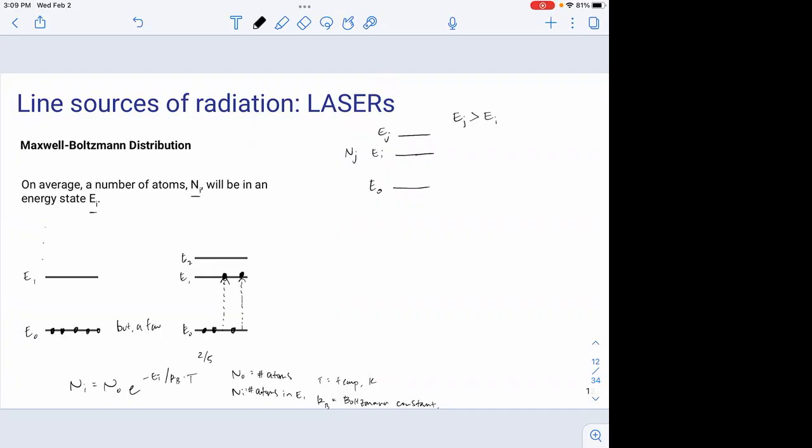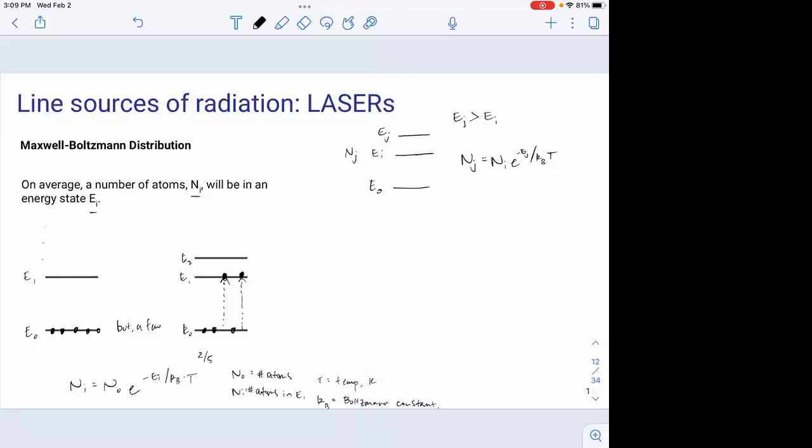In this case, we can relate the number of atoms or molecules in E sub j by considering the relative number that were in n sub I, or sorry, E sub I. So n sub j equals n sub I multiplied by e to the negative energy of the J level over Boltzmann constant multiplied by temperature in Kelvin.